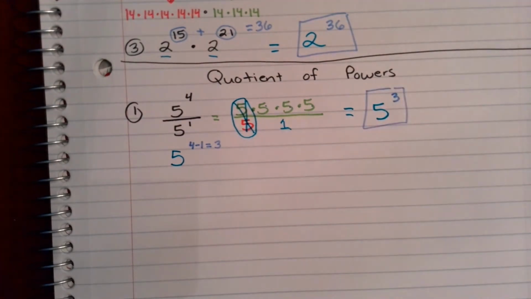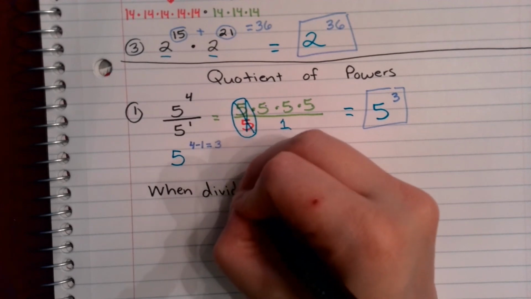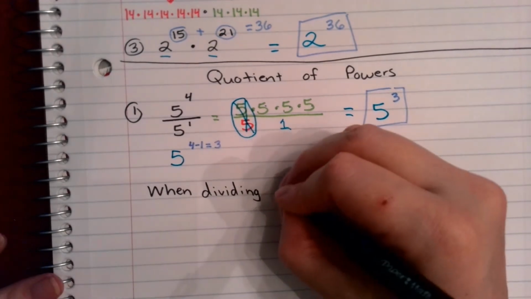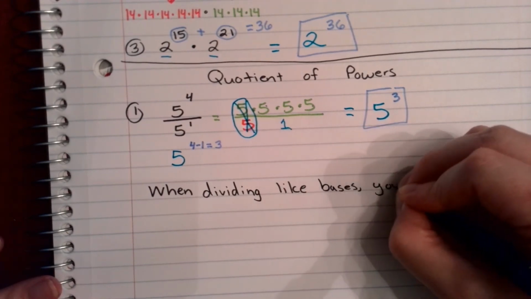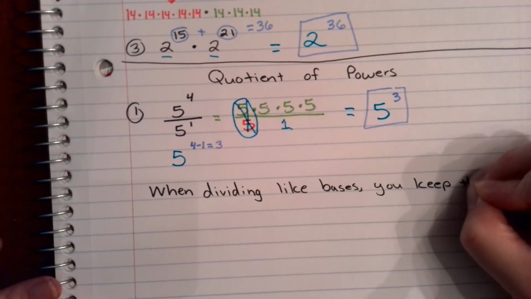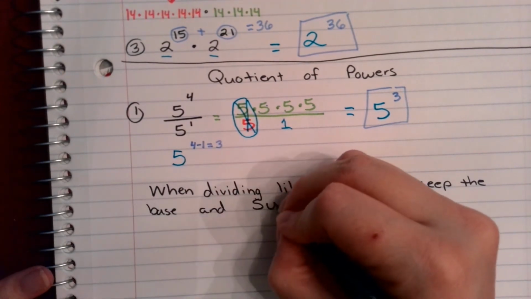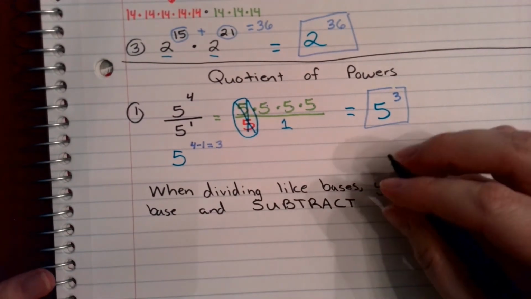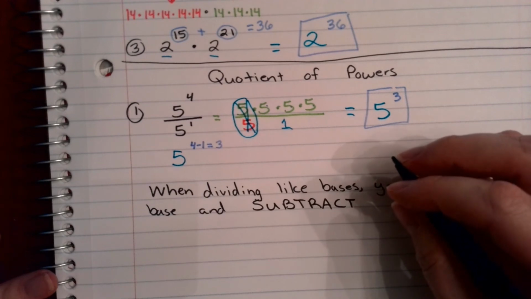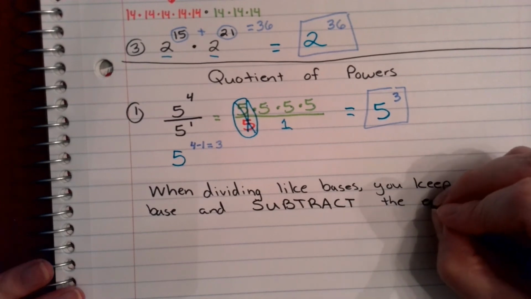Let's take a look at another example. Or actually, let's first write the rule. When dividing like bases, you keep the base and subtract the exponent.